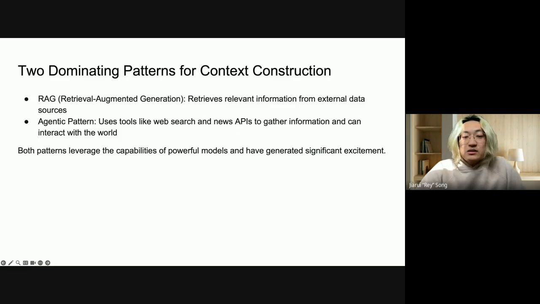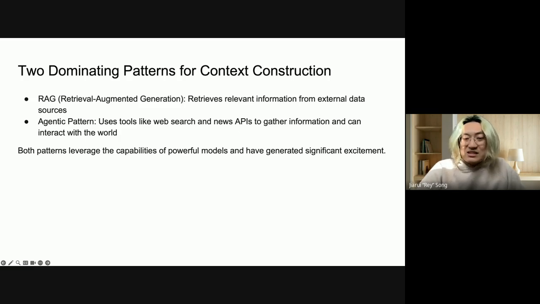There are basically two leading ways that we construct this kind of context. First, we have retrieval augmented generation, or RAG. This pattern focuses on retrieving relevant information from external data sources to provide the model with the necessary context for a specific query.